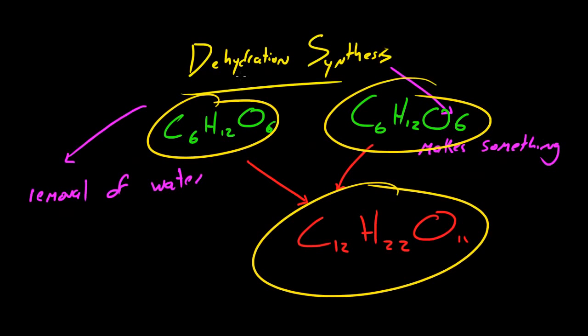Now, dehydration synthesis is basically the process of when monosaccharides like glucose and fructose join together, and whenever the molecules bond, they lose a water molecule. So that's why it's called dehydration, which means removal of water, synthesis, which means making something. So dehydration synthesis is whenever you make something and take away water in the process.